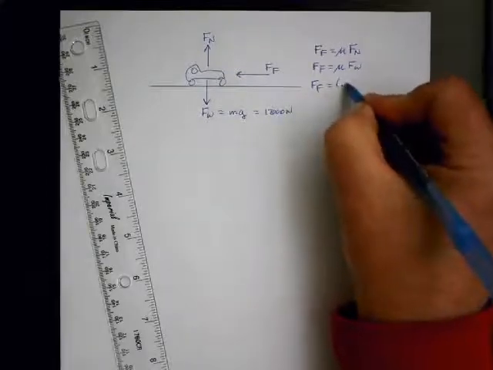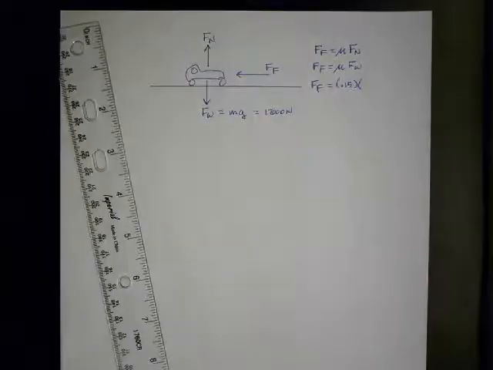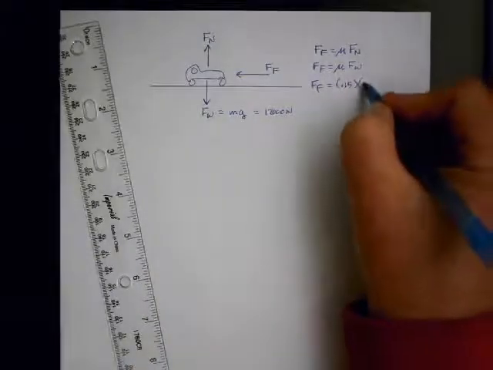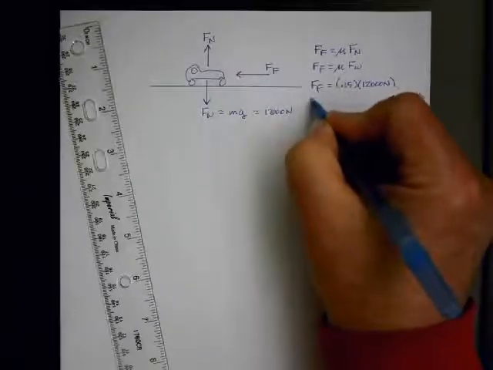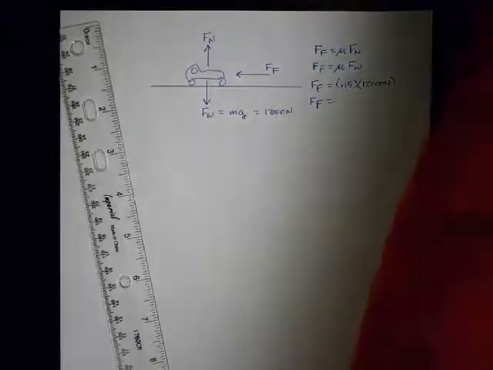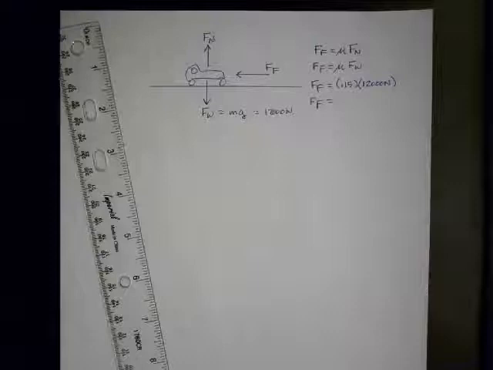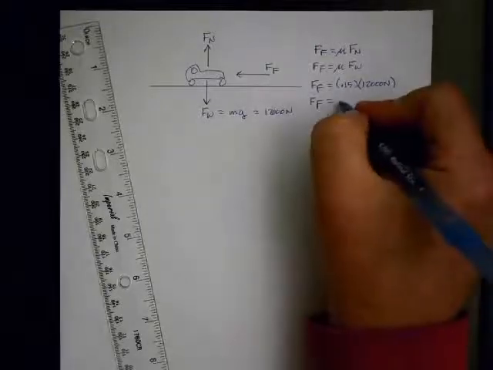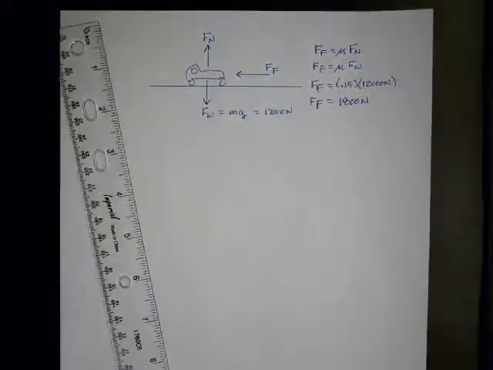So the 0.15, it does not have units, times the 12,000 newtons. The force of friction is 1800 newtons. And it is the only force that's slowing the car down.